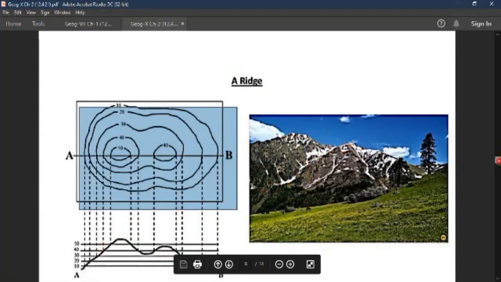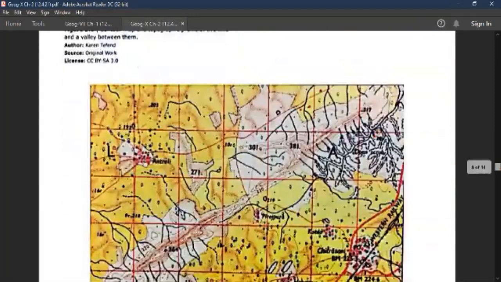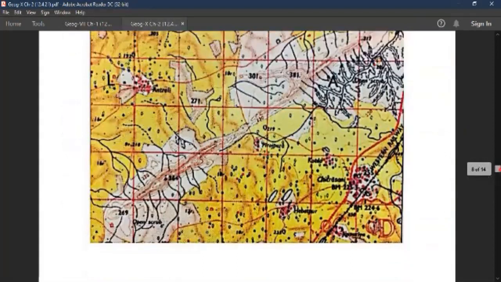Now on the topo sheet, it is almost the same. Here, this is a wide contour line area showing peaks. 1, 2, 3. Three peaks are shown within this particular ridge.